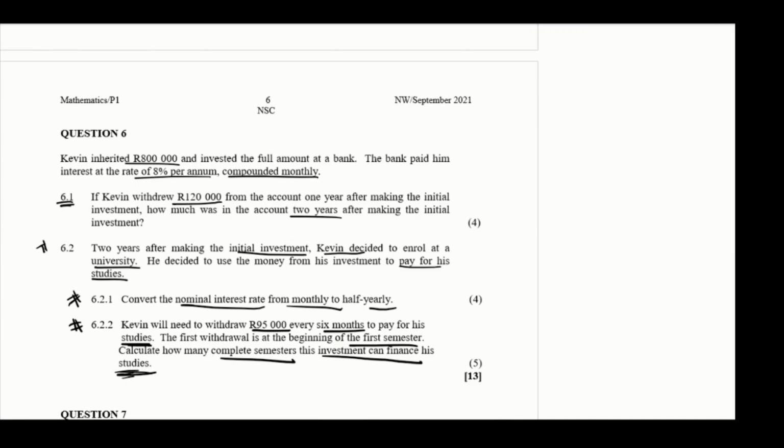So we know that there's an investment that Kevin made for his studies, which was initially 808,350.4. This is the initial amount that he placed.